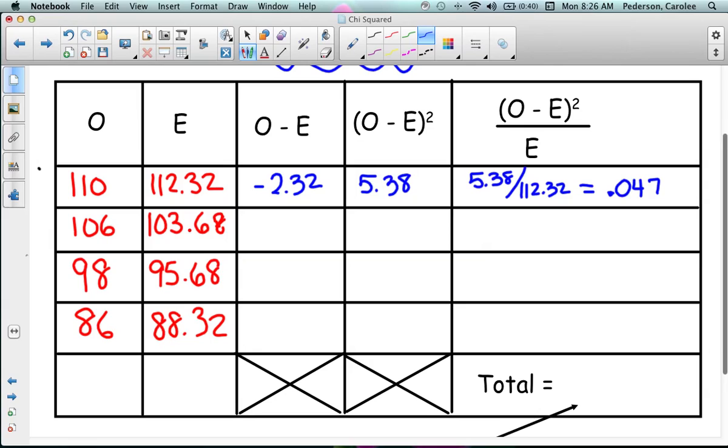Then you do it for the next row, 106 minus 103.68, 2.32, square it, 5.38. Take 5.38 and divide it by the expected.